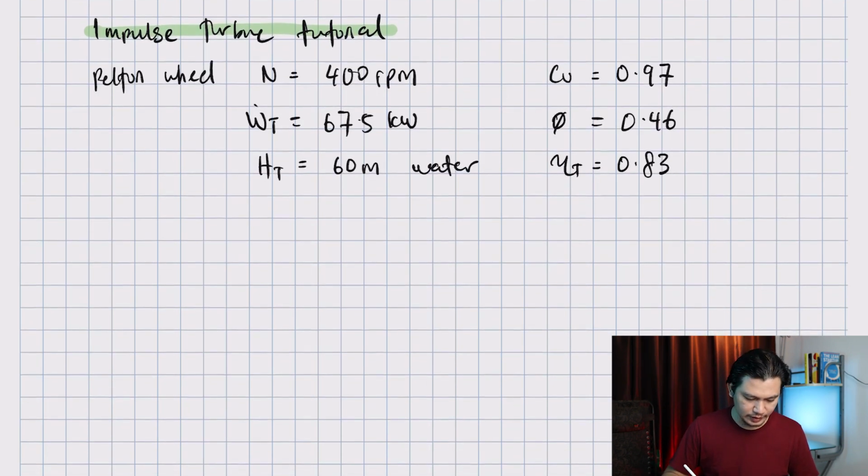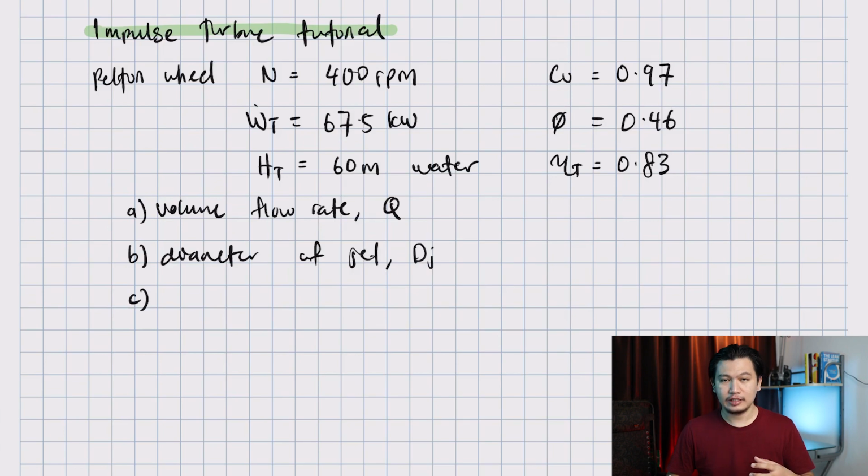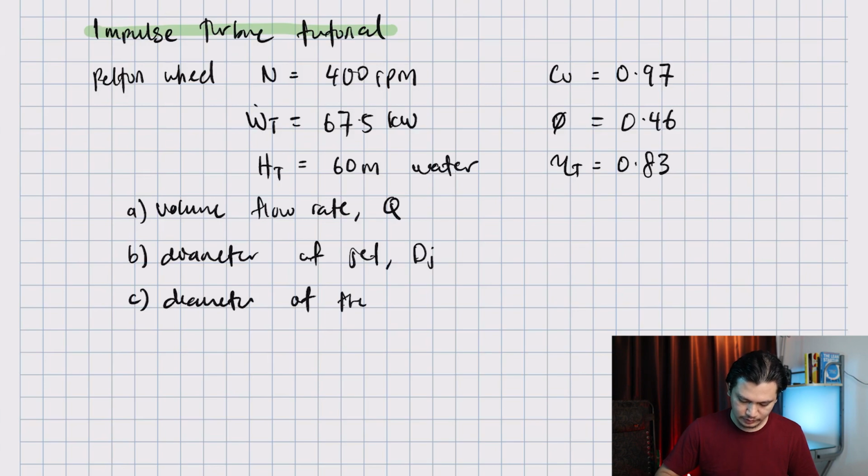The question wants three things: A, the volume flow rate, or Q; B, the diameter of the jet, let's call this DJ; and C, the diameter of the wheel.